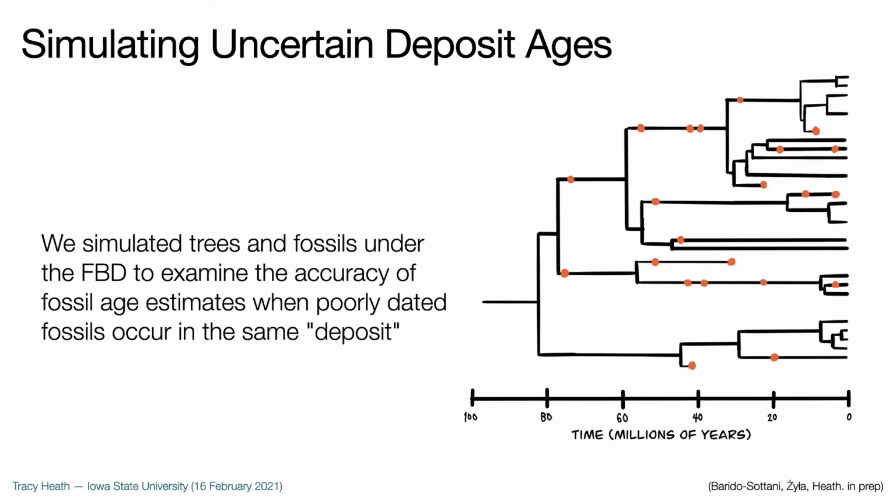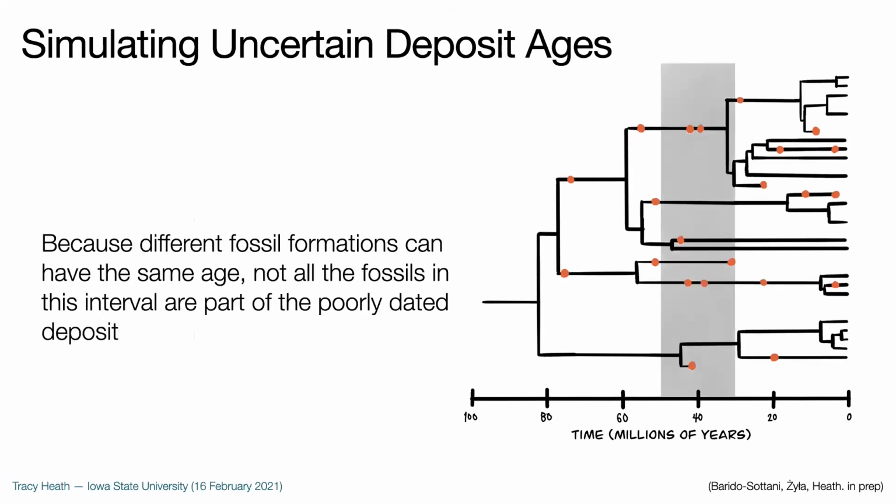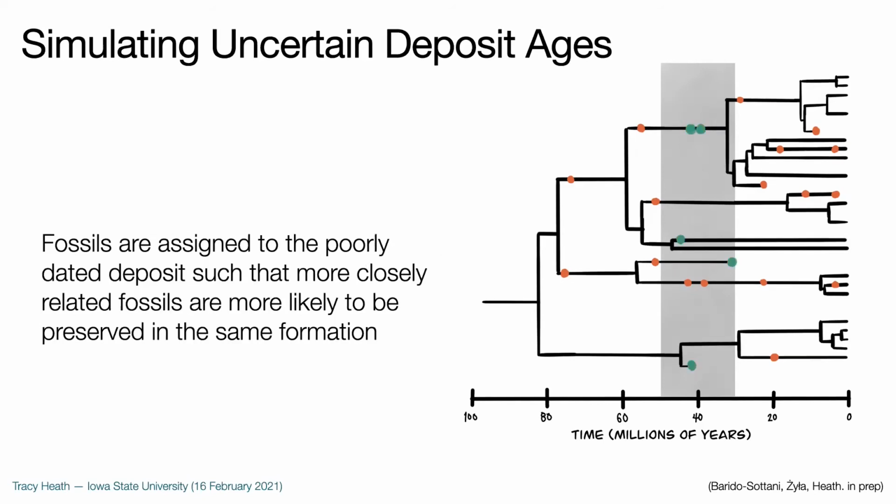We selected an age uncertainty interval that's associated with this poorly dated deposit. However, not all of the fossils in this time interval are going to be preserved in the deposit. So to assign fossils to the deposit, we used an approach where we simulated association with that deposit based on a model whereby more closely related fossils would be more likely to be in the same deposit.